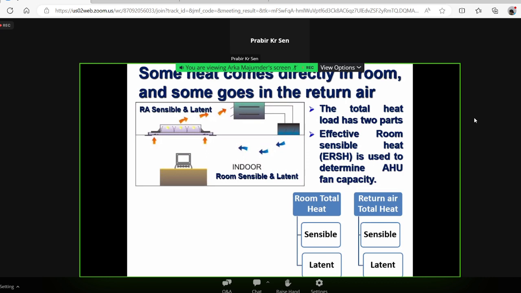Because whatever heat comes in the room, particularly the room sensible heat, that has got a special importance. What special importance? That heat we will take out by supplying cold air in the room. The cold air we supply in the room is to take out only the sensible part of the room total heat. So we'll have to separately calculate room sensible heat to determine how much cold air we should supply in the room.